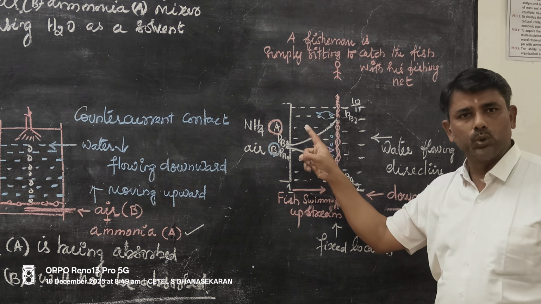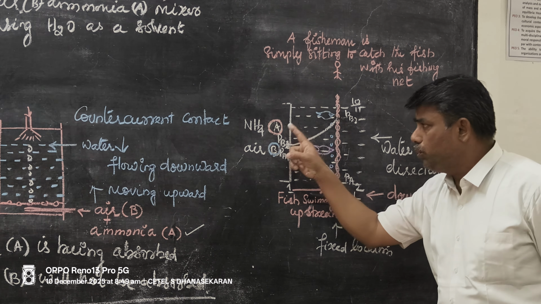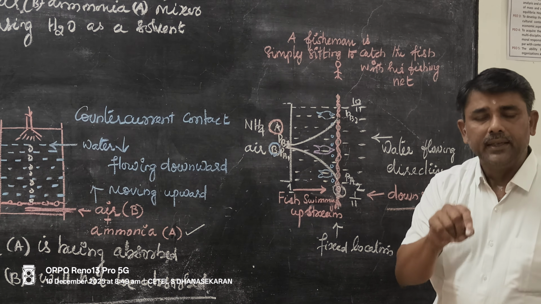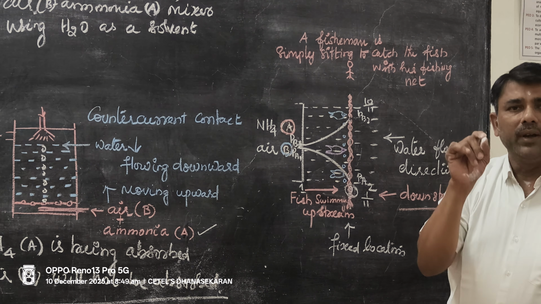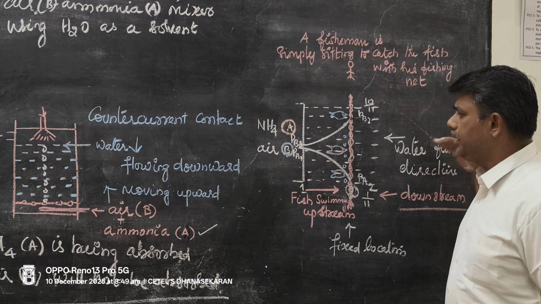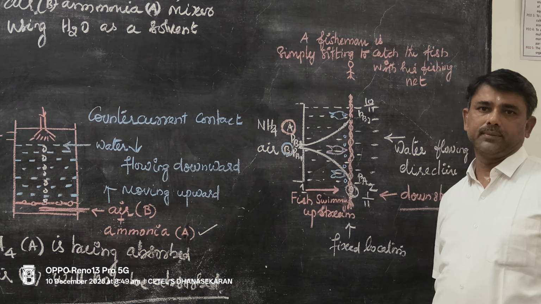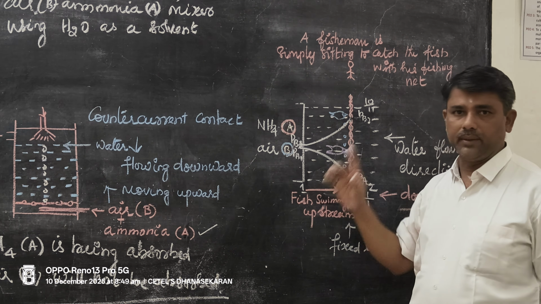Fish A swims against the upstream. The swimming velocity of A is greater than the velocity of water in the downstream direction, hence it moves very fast.